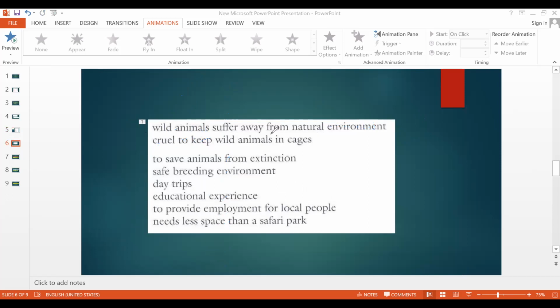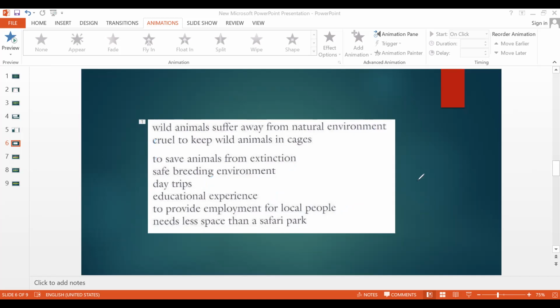Wild animals suffer away from natural environment, or cruel. It's cruel to keep wild animals in cages, or to save animals from extinction, or safe breeding environment, day trips, educational experience. To provide employment for local people, needs less space than safari.